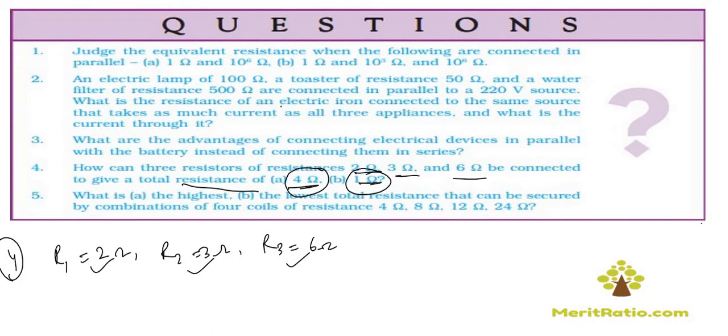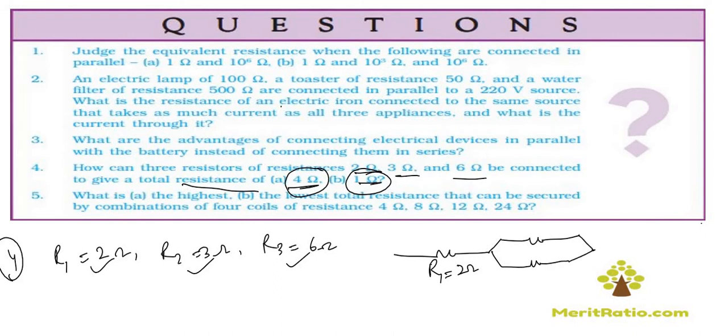For finding 4 ohm, we can take a different arrangement of the three resistors. If we connect R1 equal to 2 ohm and the remaining two like this, these two are connected in parallel.